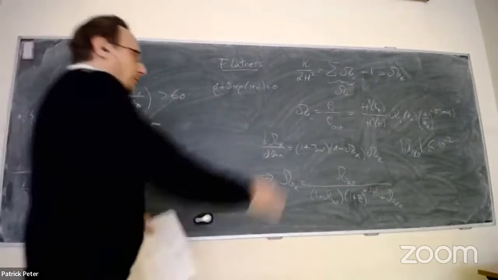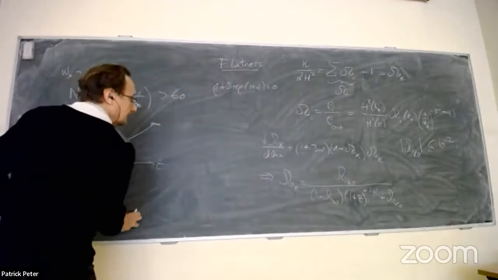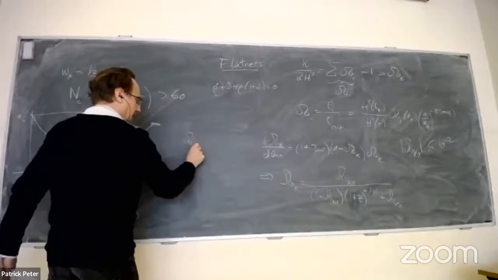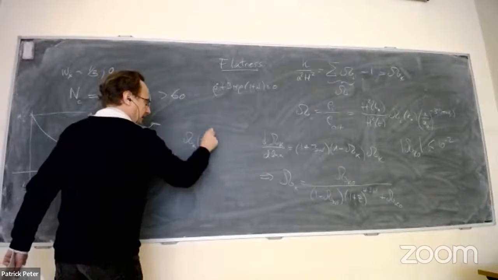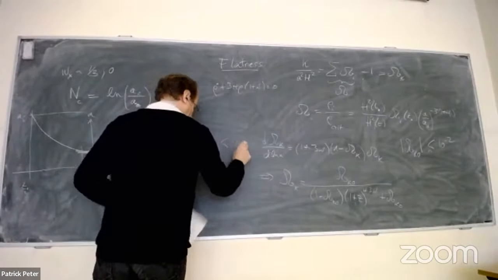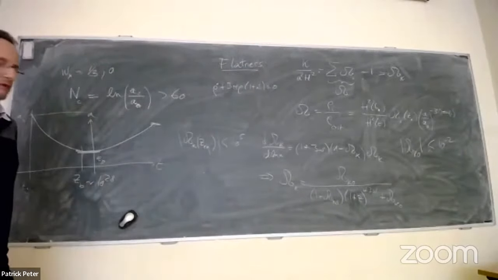So when you apply these things and you can measure, you find that this leads to a constraint, which is that omega k at equal matter and radiation ought to be less than 10 to the minus 5, roughly speaking, which is already quite some fine tuning.